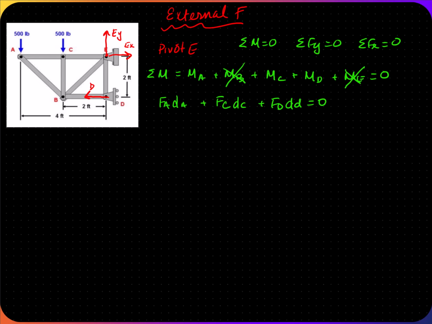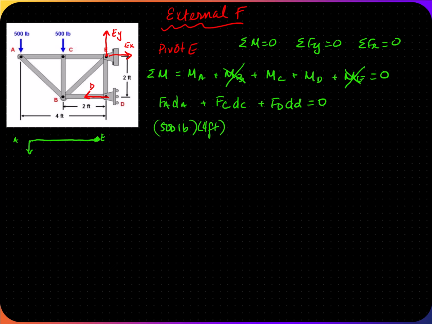The force at A is 500 pounds. So for moments, the force and distance must be perpendicular to each other. So if I look at joint A, our force is downward, so perpendicular to that has to be to the right because that is where our pivot point is located, and that distance is 4 feet.